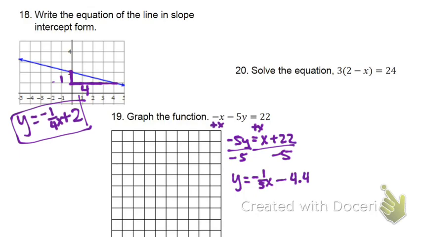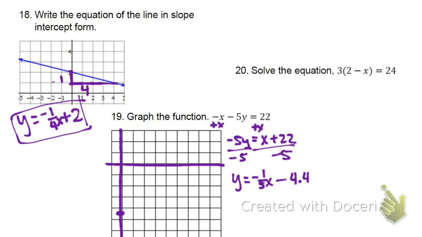So I'm going to make my x-intercept right there and my y-intercept. So 4.4, negative 4.4, 1, 2, 3, 4 is about right here.